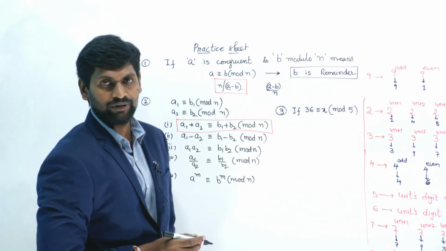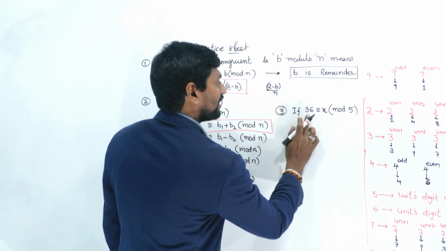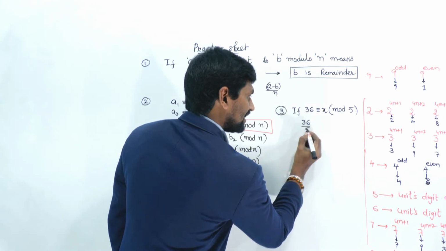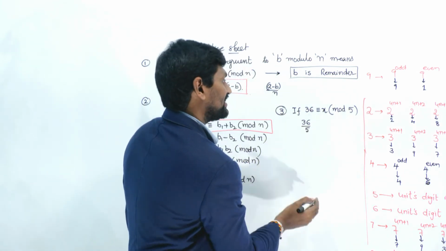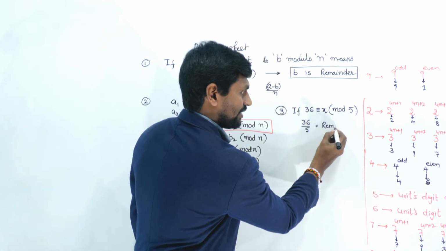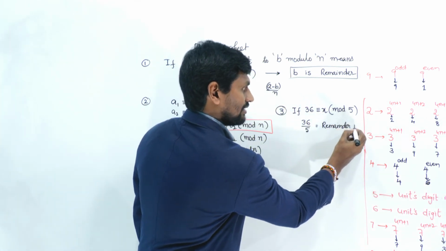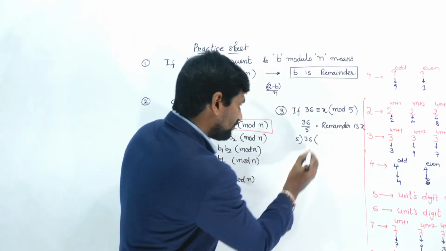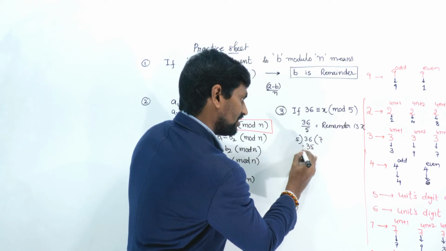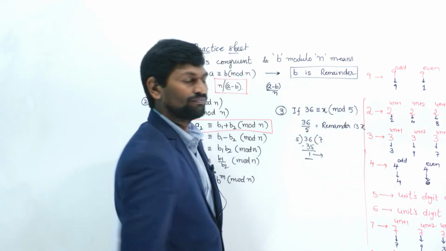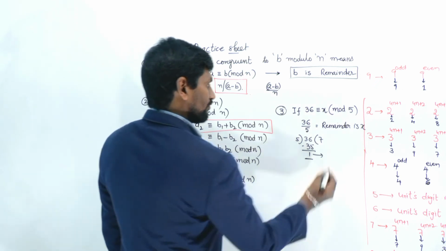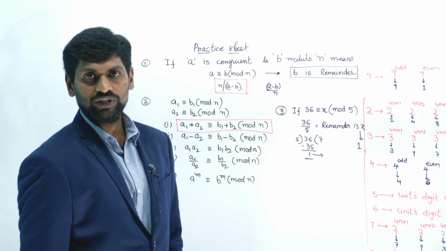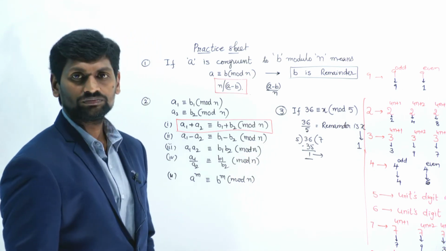If 36 is divided by 5, the remainder is x. Let us divide this: 5 sevens are 35, 1 is the remainder. So from this we can say that the x value is 1. Okay?